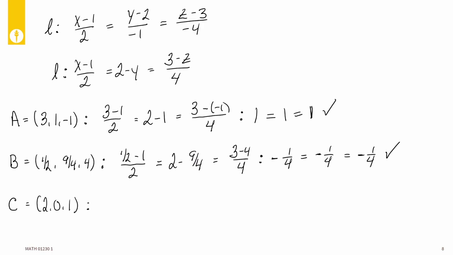C is the point 0, 2, 1. 2 minus 1 over 2 has to equal 2 minus 0 has to equal 3 minus 1 over 4.